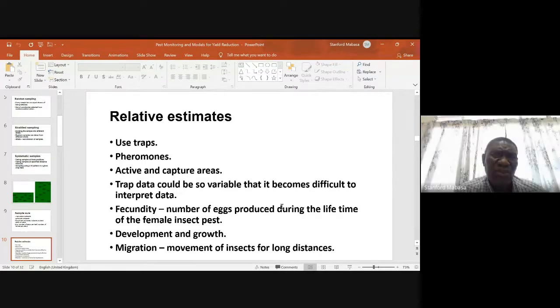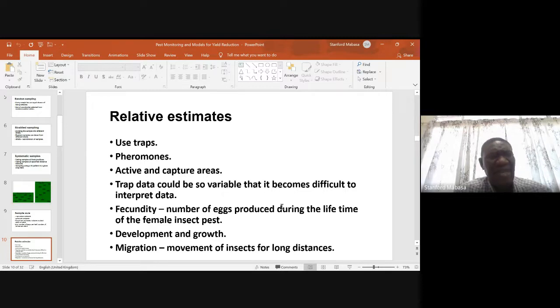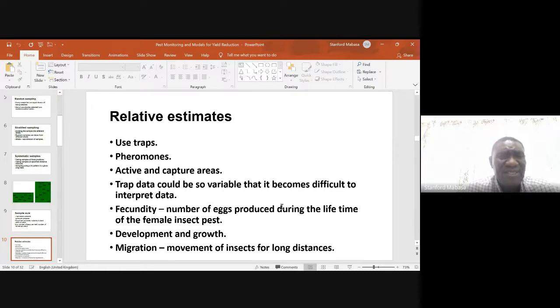Now, we can also use relative estimates of insect pest populations. We can use traps. Traps can attract the insects, and we can easily count them. Or we can use hormones, pheromones, which can attract these insects.